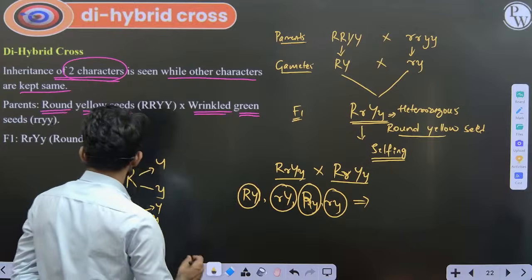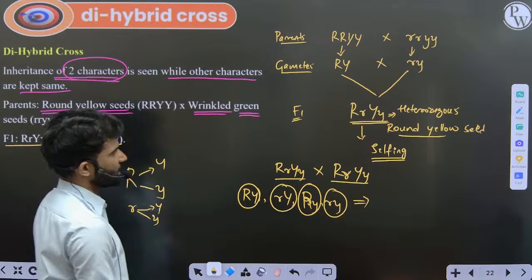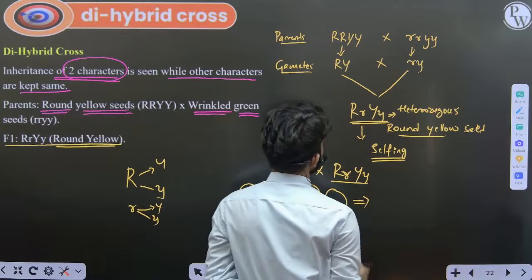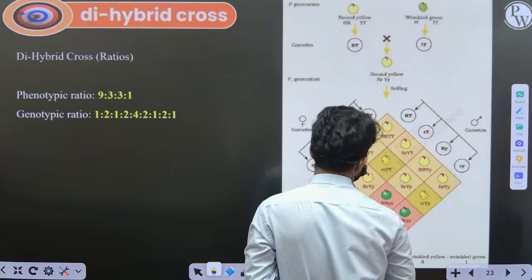Right. Here the left one is going to be round yellow. That is what will appear in the F2.